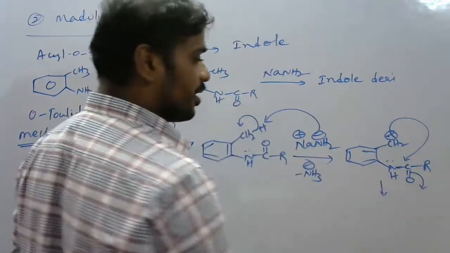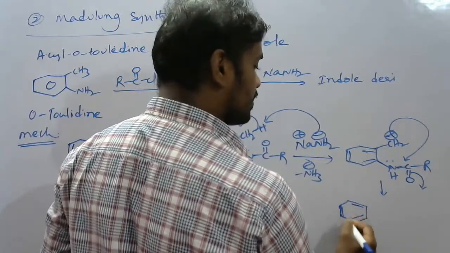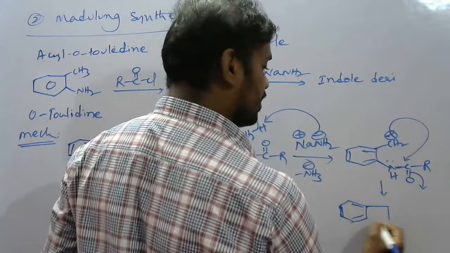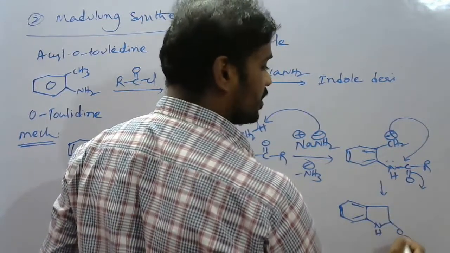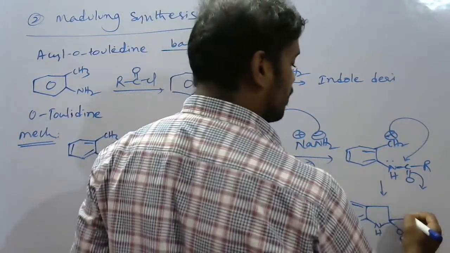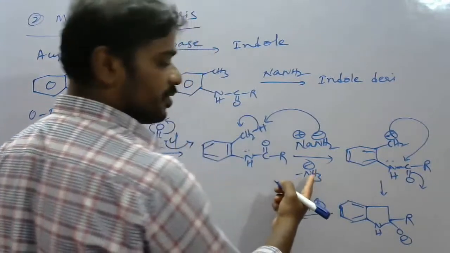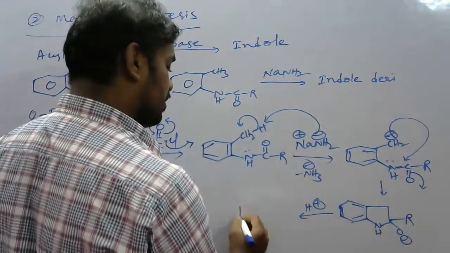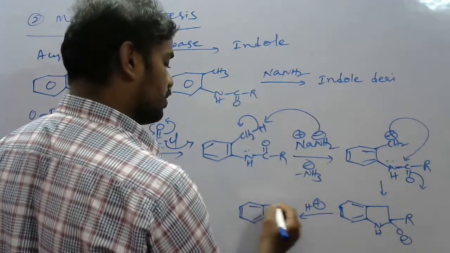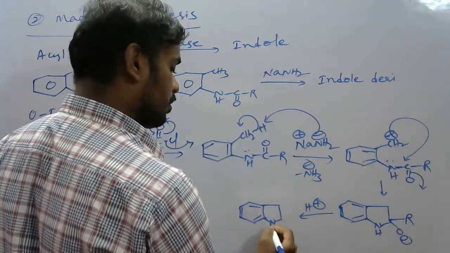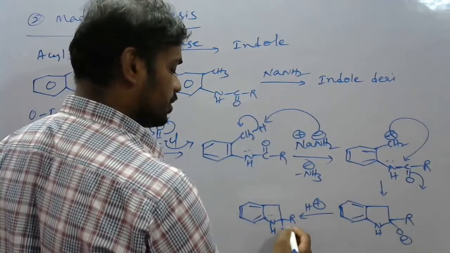So therefore what happens? Intramolecular nucleophilic addition, cyclization takes place, then the cyclic compound is formed, with O minus and R. This takes a proton, then the R group and OH are formed.